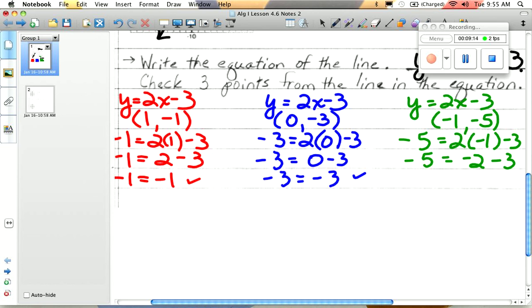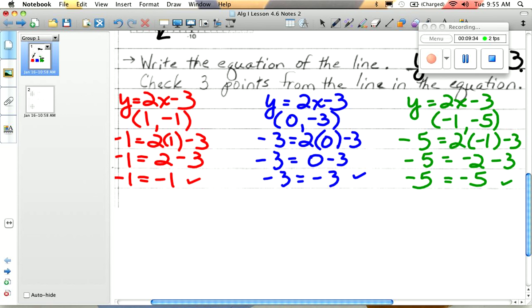They say, done, it works. It's not done yet. The right side is still not simplified. What is -2 take away 3? -5. Because it is or because we want it to be? Because it is. Okay. So all 3 of those points actually check out.